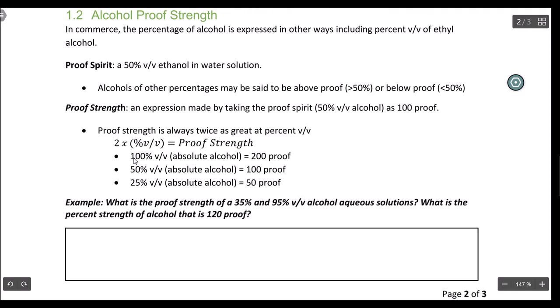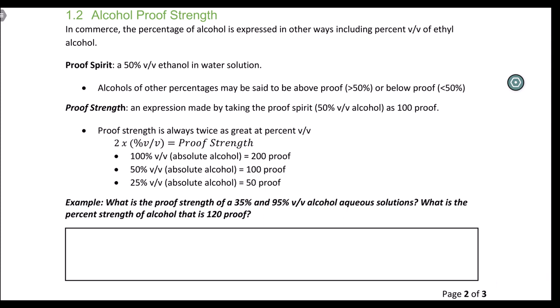Very straightforward. If something says that it's 200 proof, you divide that in half, you know that it would be 100% volume in volume of alcohol. This is 100% pure alcohol, ethanol, nothing else, absolute ethanol. If some bottle says it's 100 proof alcohol, that means that it's 50%.